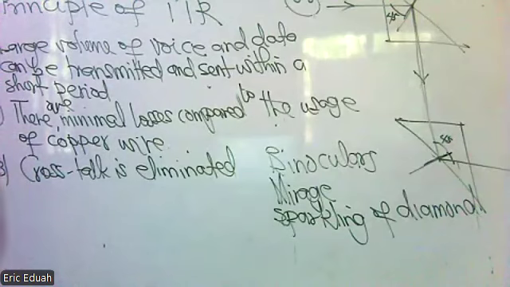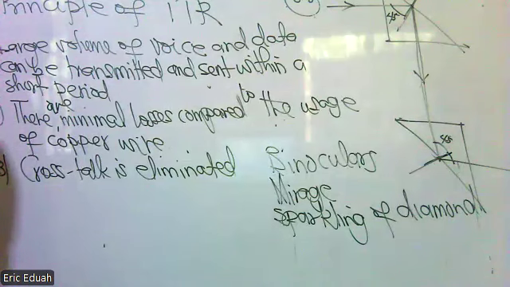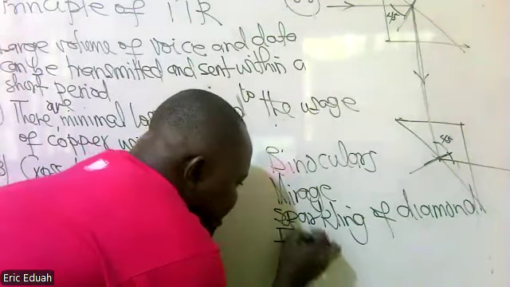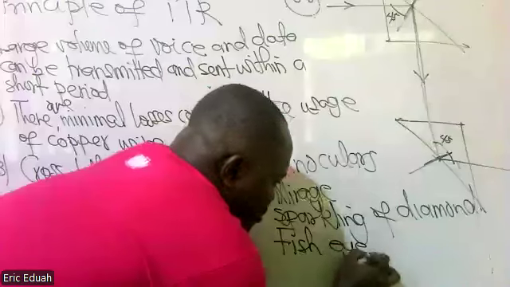Then its usage in prism periscopes, then binocular vision in binoculars, in mirage formation, in the sparkling of diamond, and then lastly, in the fish eye view.